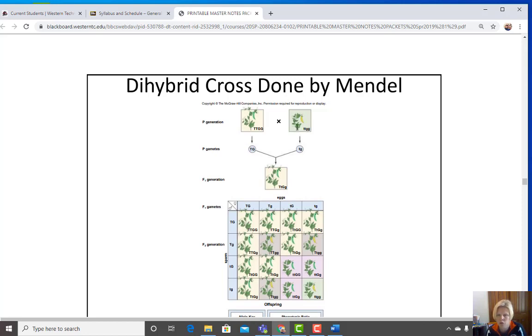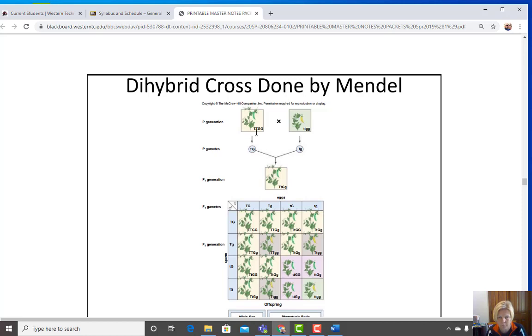So we have a short plant with yellow pods crossed by a tall plant with green pods. Now we know that the alleles are going to separate during meiosis, and we're only going to get one allele per sperm or egg. So all the sperm or egg in this case are going to inherit the big T and the big G, and all the sperm and egg from this plant are going to contain little t, little g.